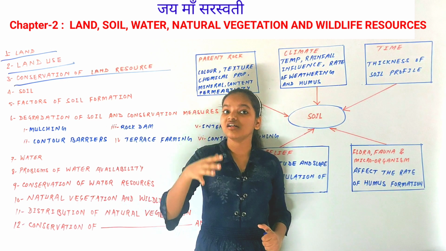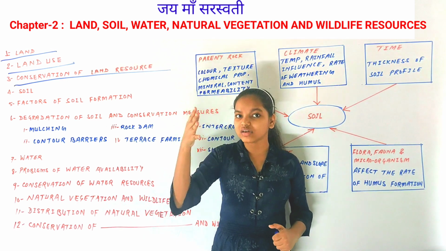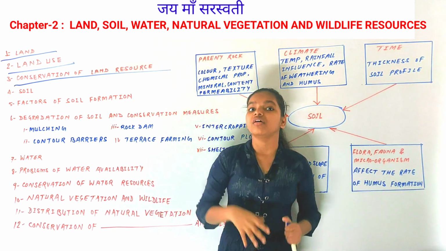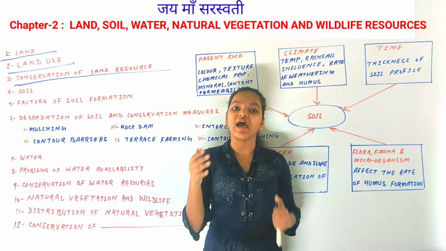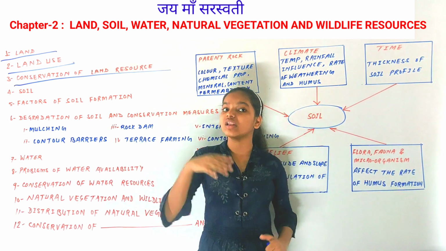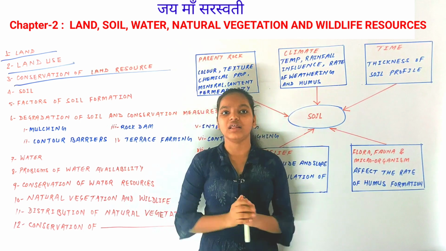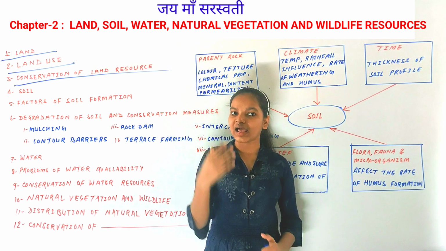So those particles and rocks from the mountains will fall down the slope of that mountain. That would be called a landslide.